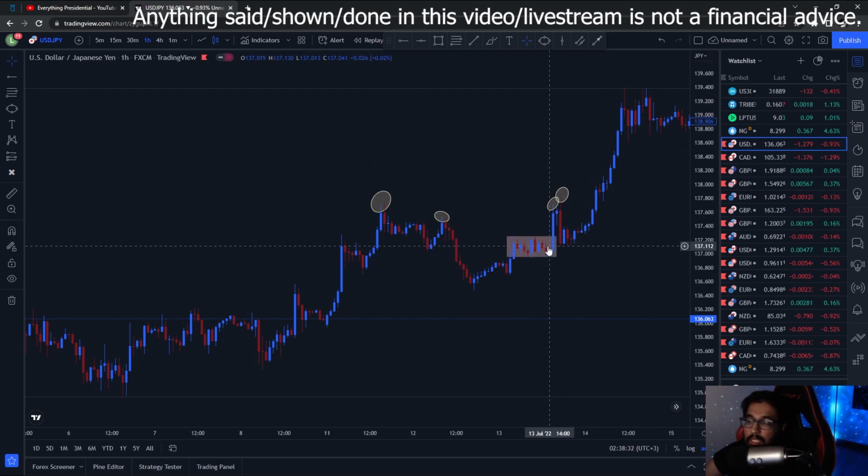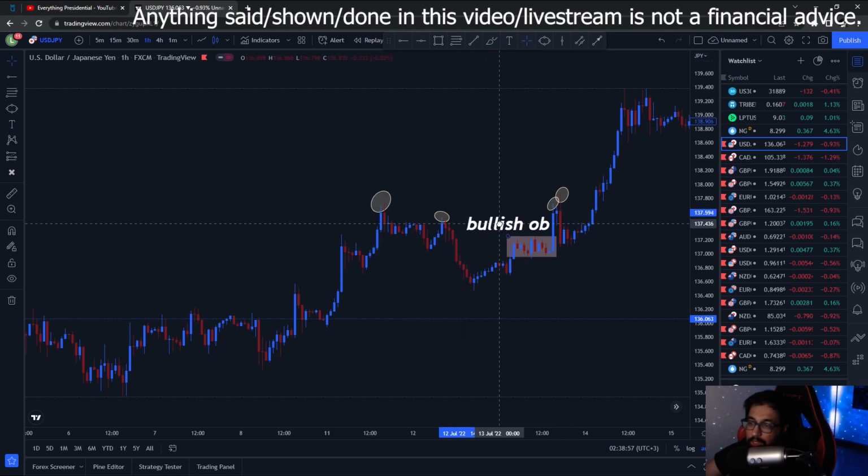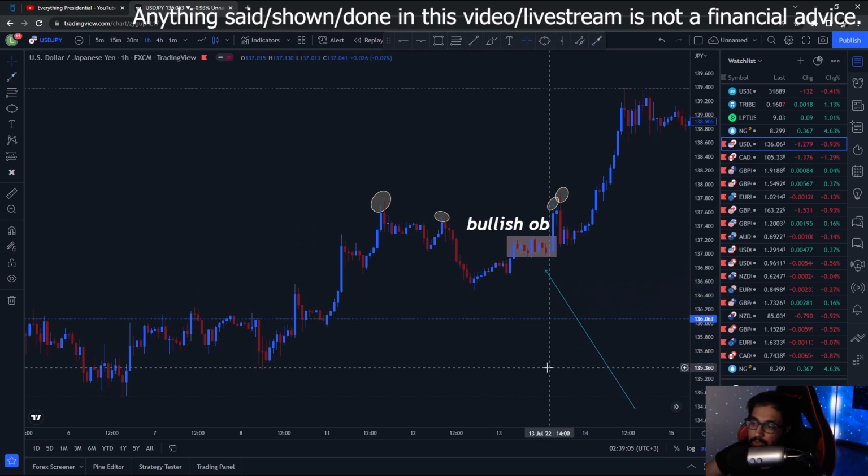If the market after accumulation of orders breaks to the upside, to the buying side, we will call this a bullish order block. This right here is a bullish order block.